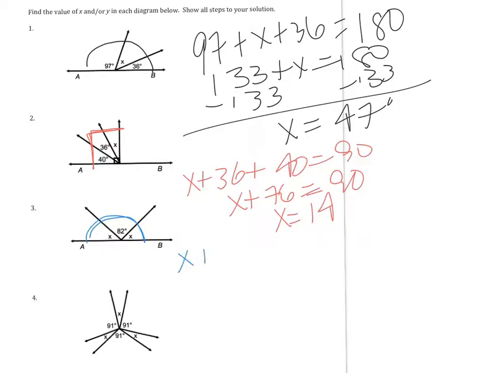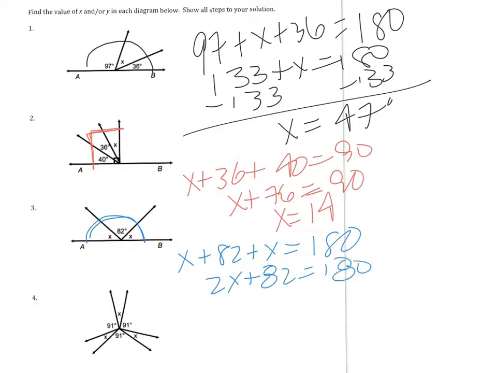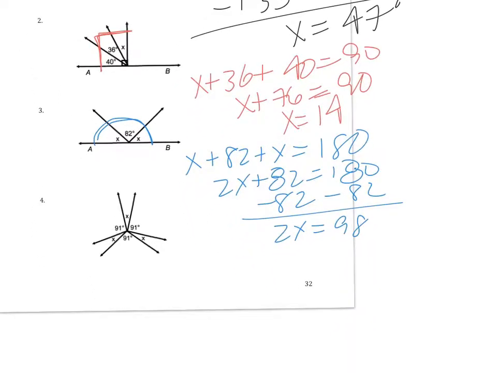So I'm going to have x plus 82 plus x equals 180. 2x plus 82 equals 180. I'm going to subtract 82 from both sides, and I'm going to get 2x equals 98. And then x is equal to 49.